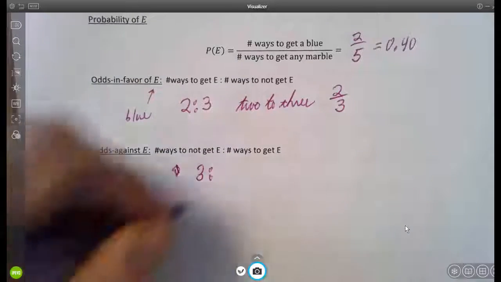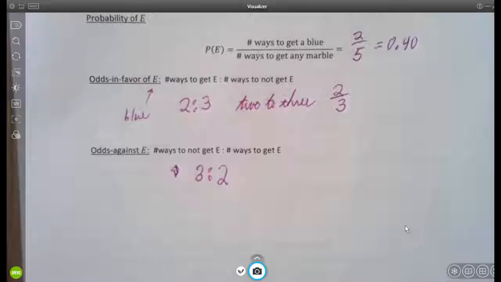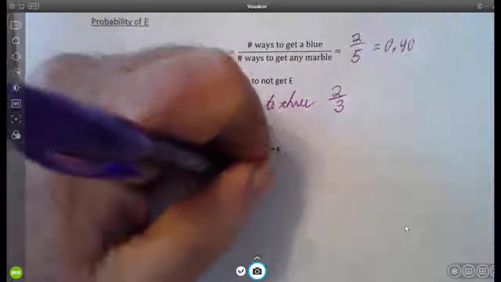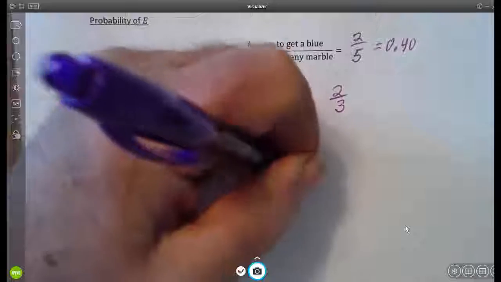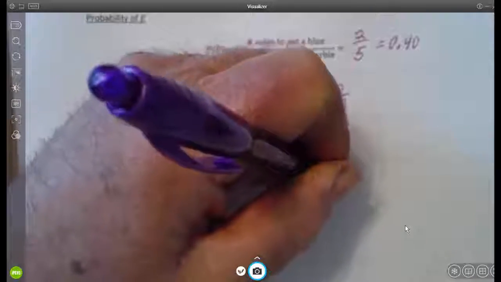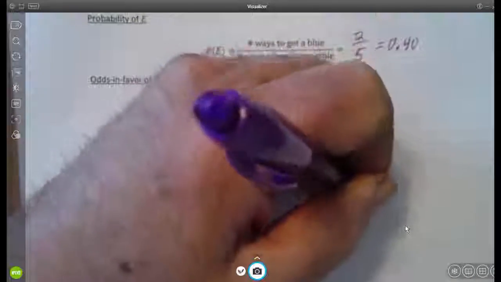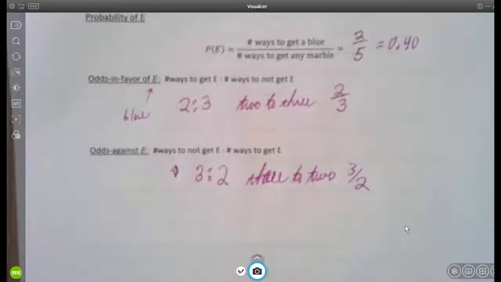The number of ways to get a blue, 2 ways. So you could also say that's 3 to 2. Or you could say that it's 3/2. All of those are valid ways of representing the odds against blue.